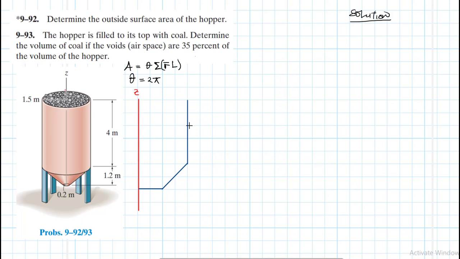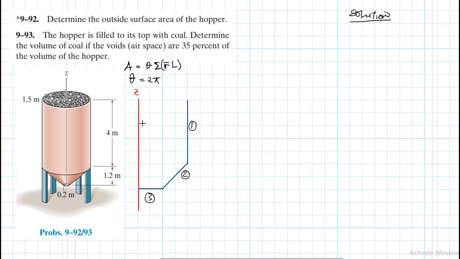Let's number them. Let's call this one line number 1, this one line number 2, and this one line number 3. So we have 3 lines, which is a composite. A body is made out of a number of composite lines. So now the first thing that we need to do is to define our r bars for each of the lines.